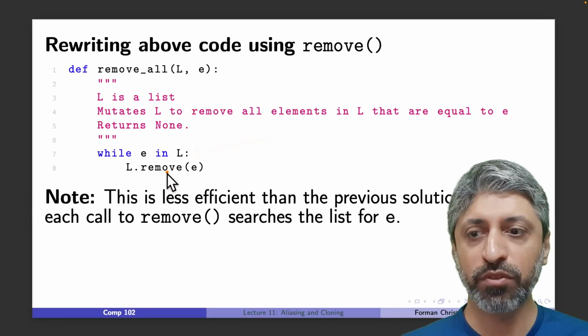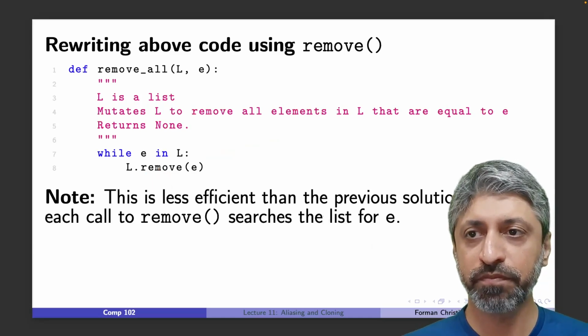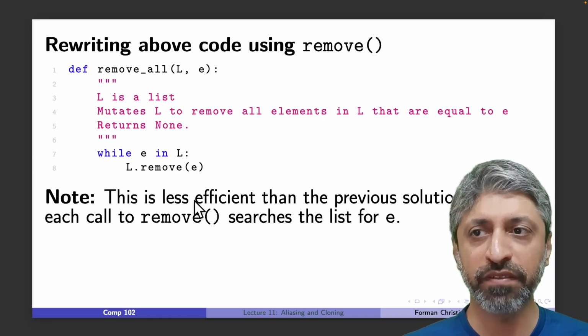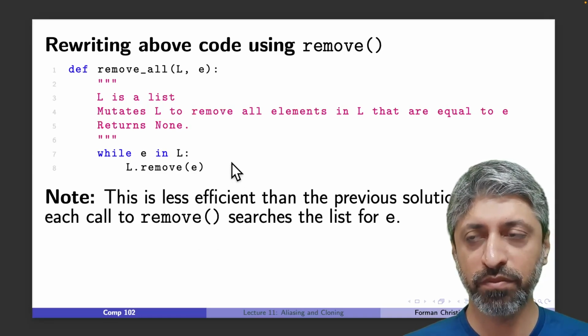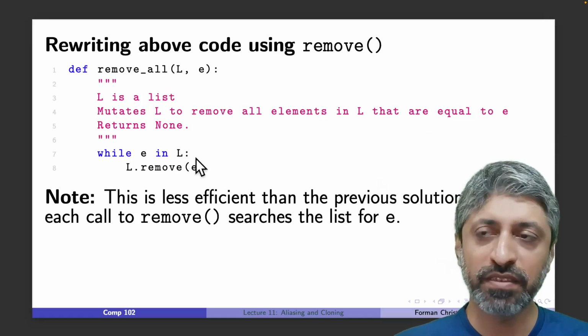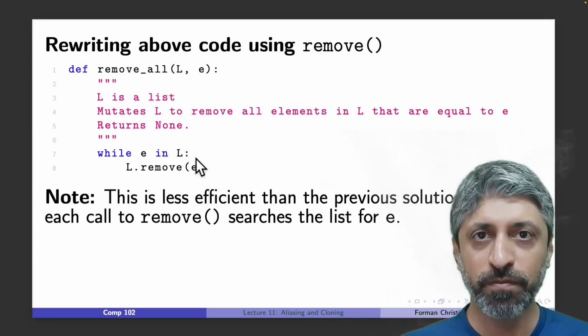So that's a very simple loop which removes using the remove function. Again, as a side note, this is pretty inefficient code. अगर आपने कोई efficient application लिखनी है तो this is not the way to do it. But this is one way to do it. It is correct, it works, but it's slow.